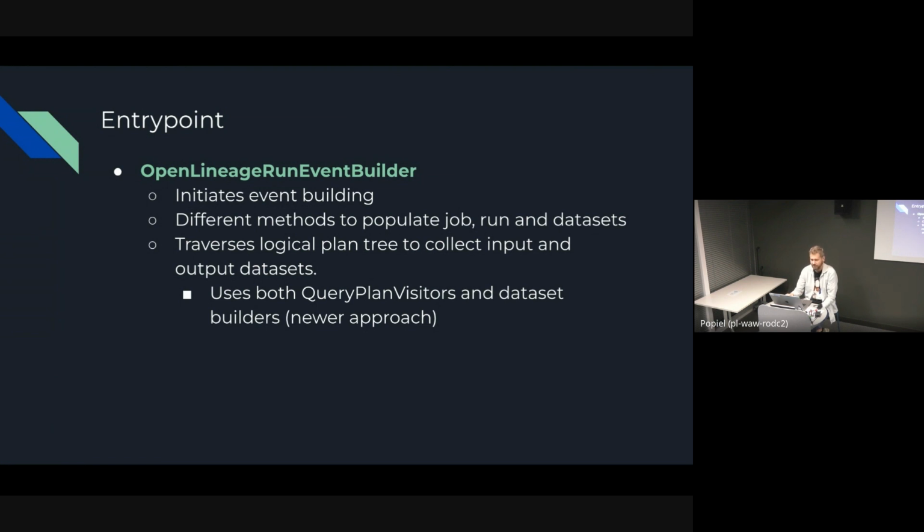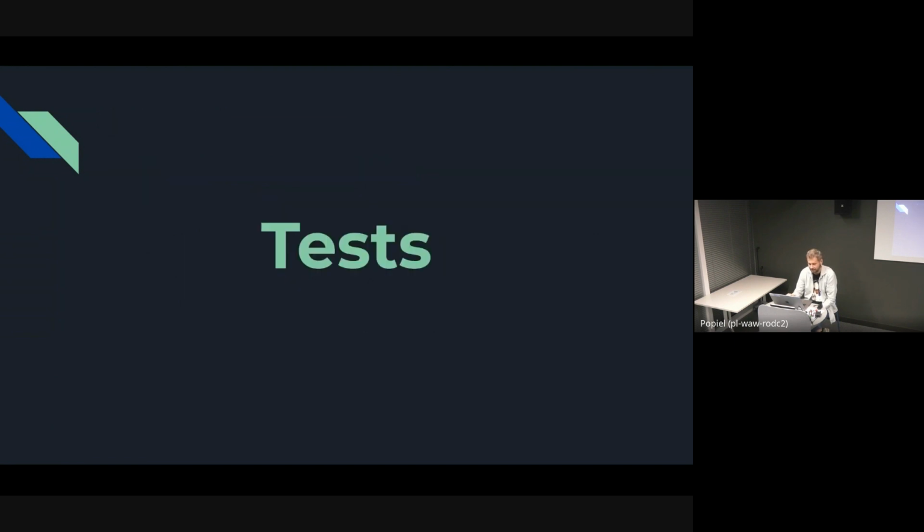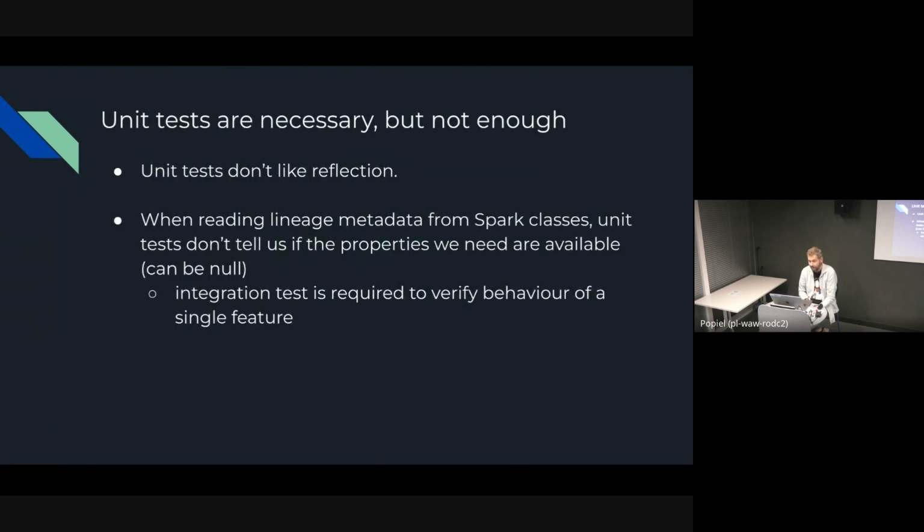Perhaps you can jump to tests and see how to write a test, and there are different ways to do that. So unit tests are necessary, but are not enough, because unit tests don't like reflection. And moreover, oftentimes we read metadata from Spark classes, and a unit test will not tell us if the properties that we read are not null, if they really contain what we want.